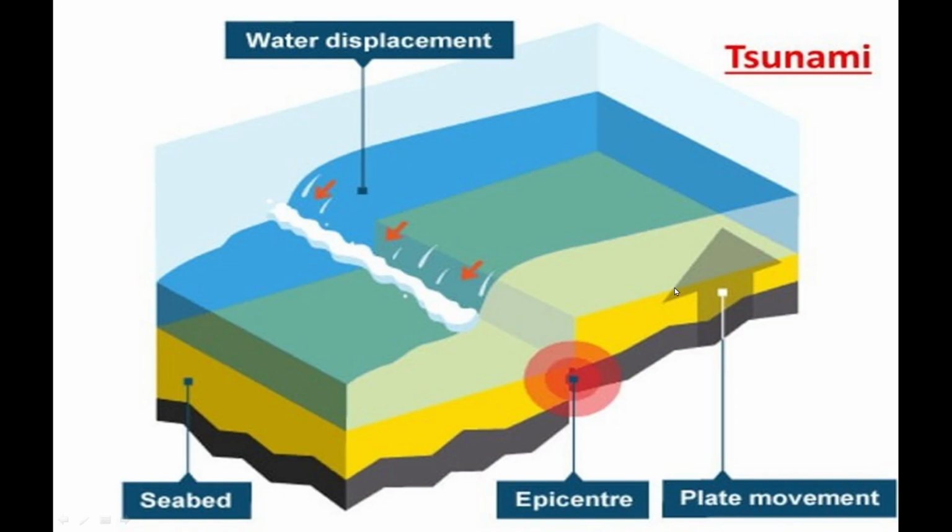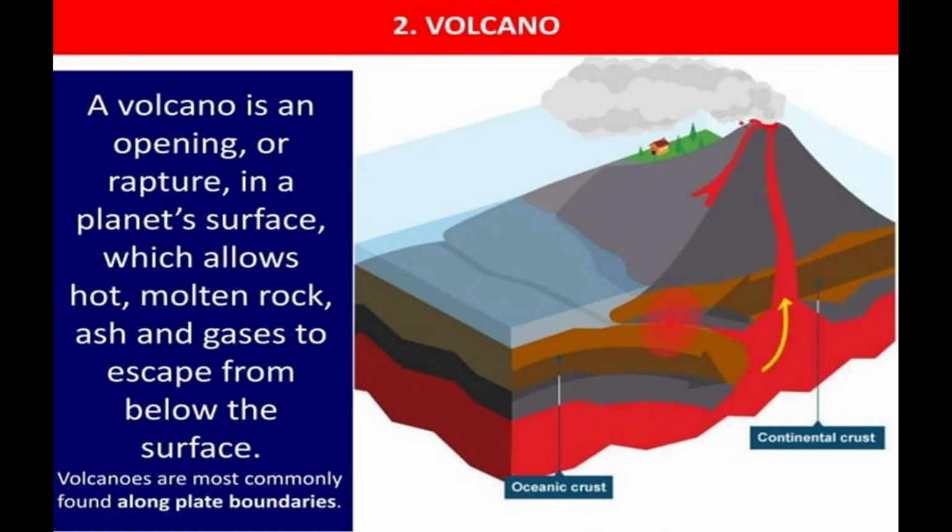So next, let us come to know about the volcano. A volcano is an opening or a vent in the Earth's crust through which molten magma, ash, and gases come out from below the surface. Volcanoes are generally found where tectonic plates converge or diverge.